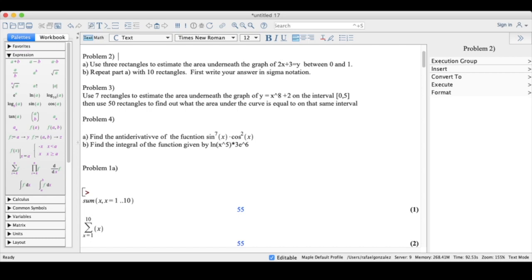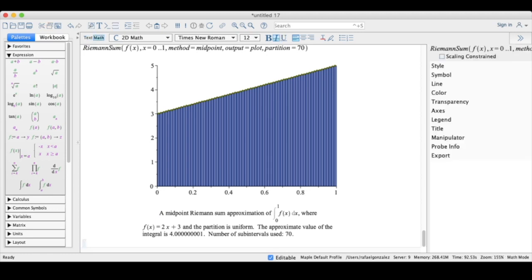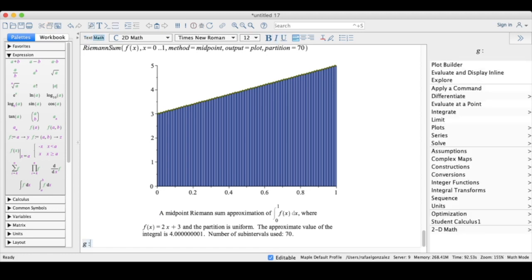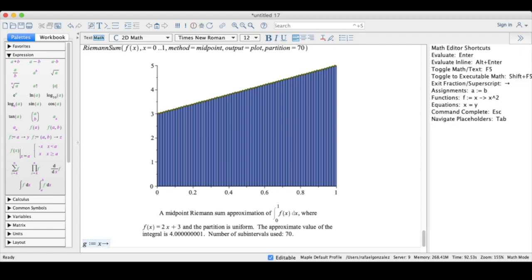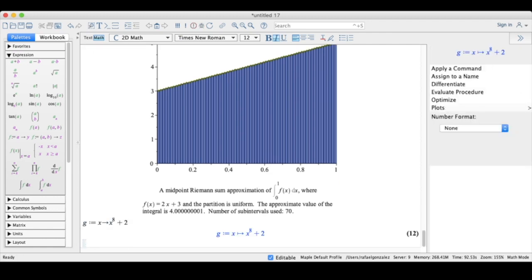So the first thing that I'm going to do is define this function. So that's x to the 8 plus 2. Let's call that G. So we have that x to the 8 plus 2 is G. So now we have a function.